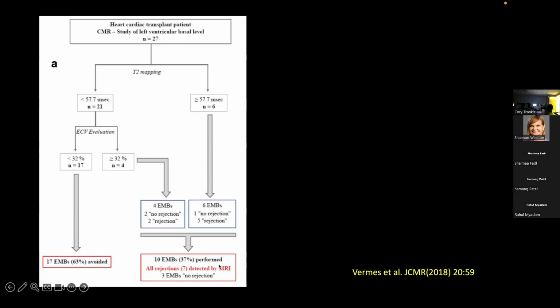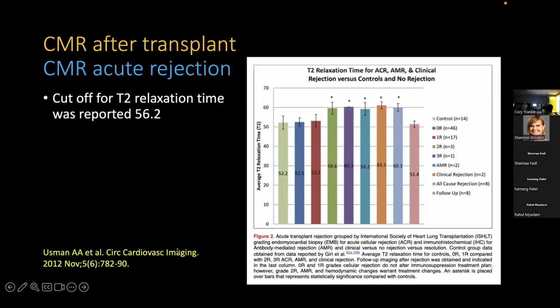In summary, with T2 and ECV elevated and combined together, they didn't miss any rejection. So all rejections were detected, but of course some of the patients had no rejection. So 7 patients were detected with rejections, and 3 were false positives with no rejection. In another study, Osman and his group put a cutoff.